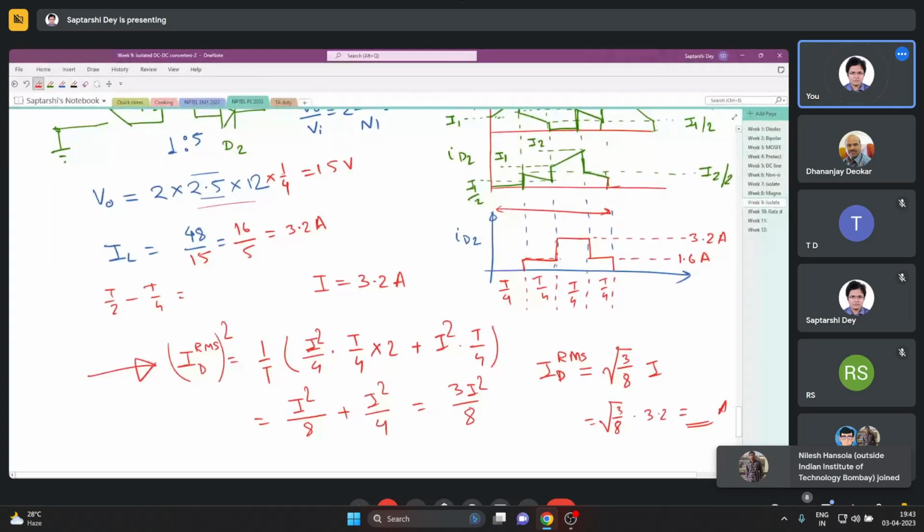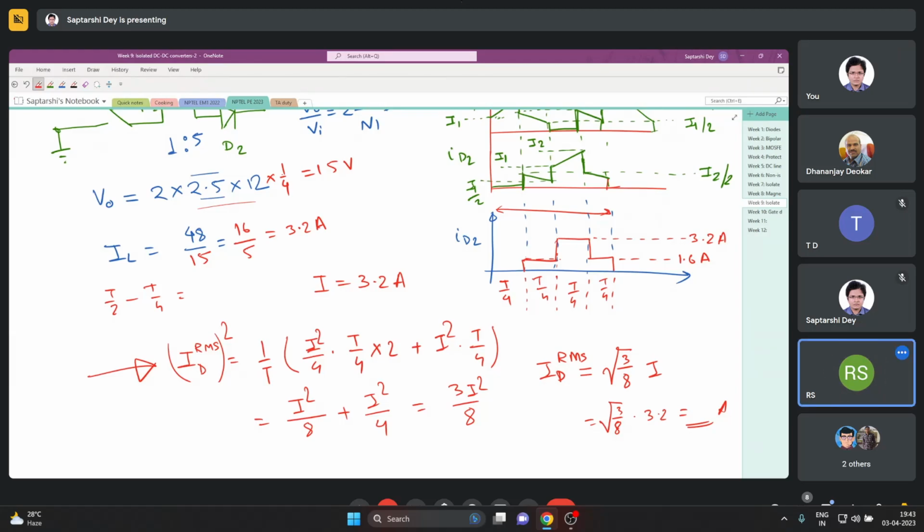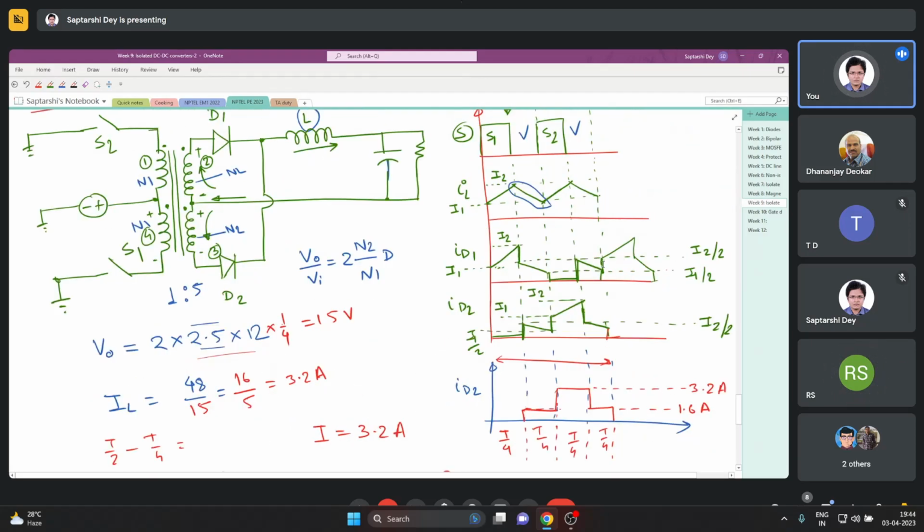This part. Okay, is it clear? This waveform was clear, how I drew this waveform?